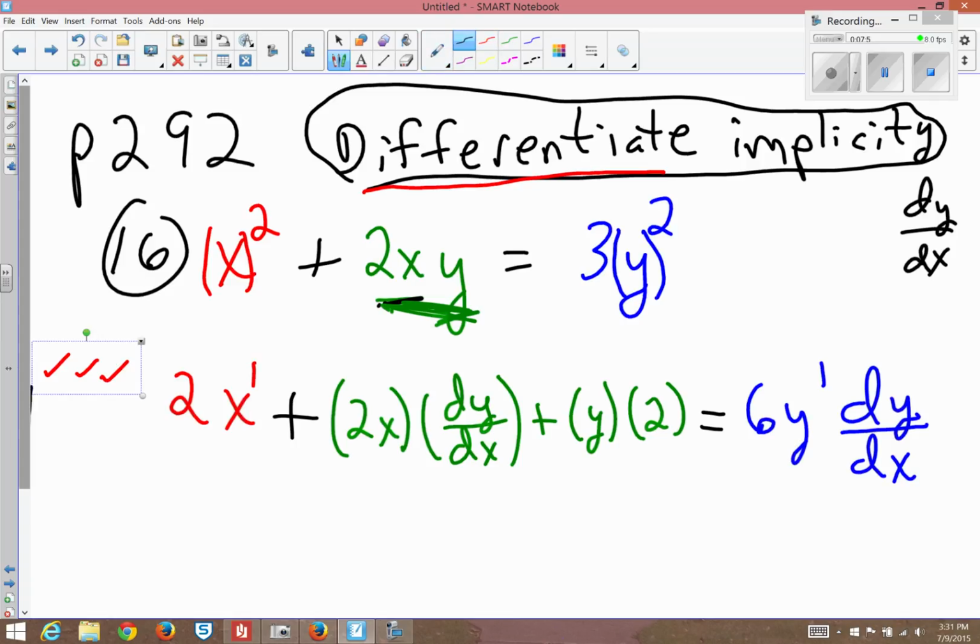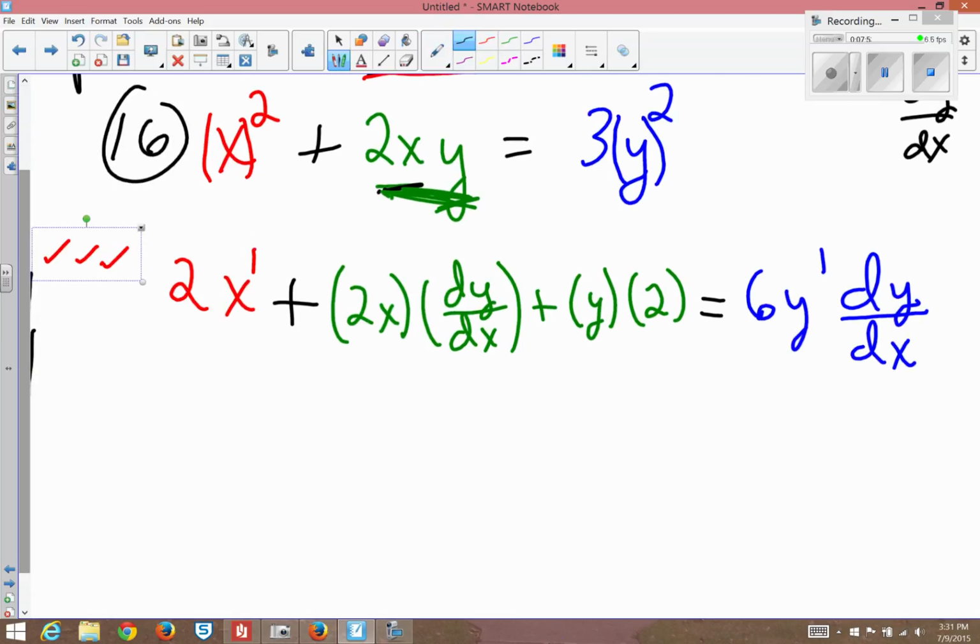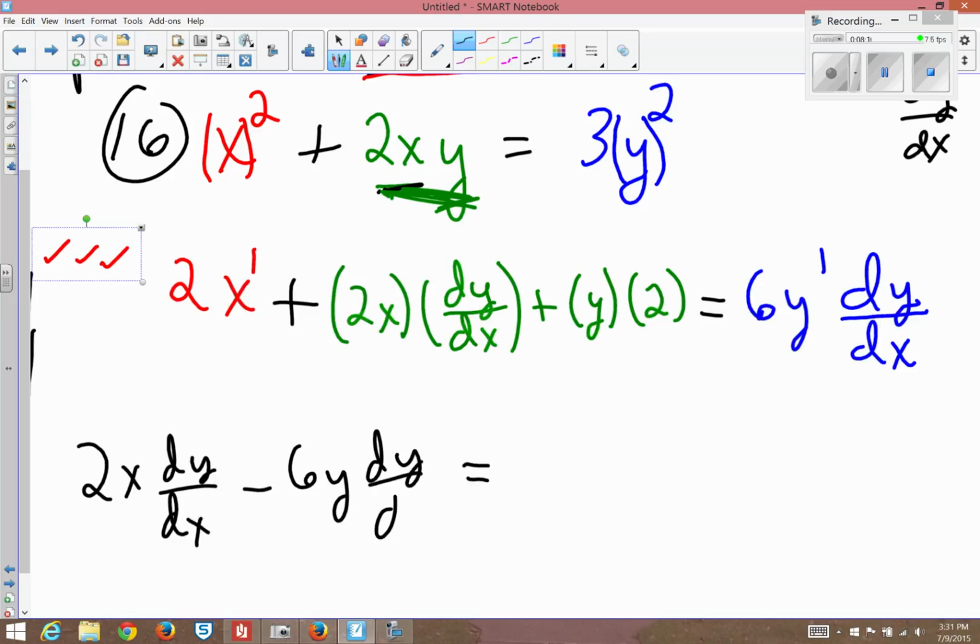So now I'm going to do the following. Once we have differentiated, that means we found the derivative of each of these, the red, the green, and the blue, then we write the equal sign right here. Write every term that has dy dx on one side of the equal sign.